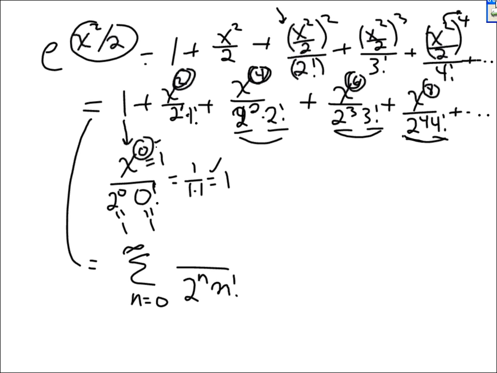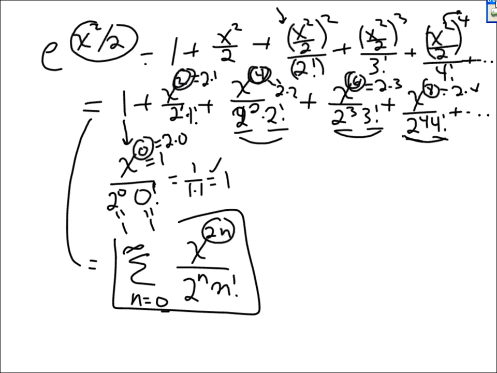And you know what? 0 is 2 times 0. 2 is 2 times 1. 2 times 2. 2 times 3. 2 times 4. In fact, the power is 2 times n. When n is 0, the power is 2 times 0. When n is 1, the power will be 2 times 1. And then when n is 2, it will be 2 times 2, exactly like it should be. And there it is. That's e to the x squared over 2.